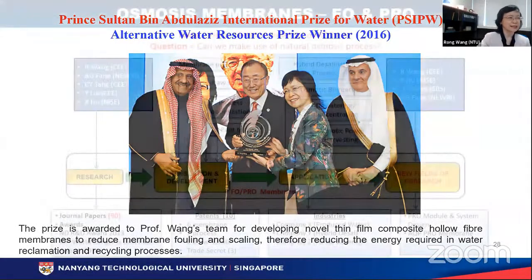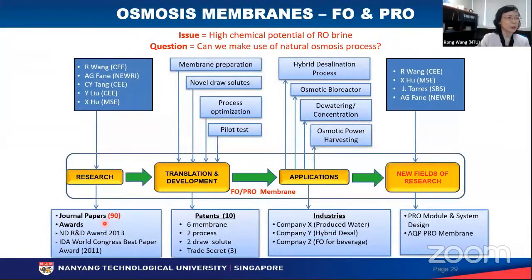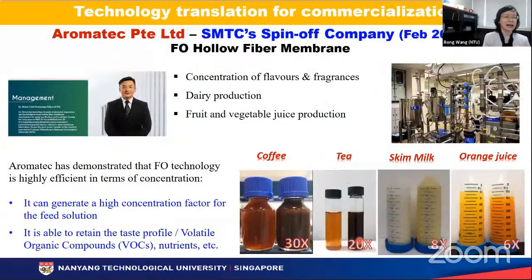So you can see in the past 10 years, we published a lot of papers in the scientific community, generated patents, and worked with industries to explore different applications. Here, I'm pleased to let you know that a spin-off company based on our invention of forward osmosis hollow fiber membranes was set up in 2018.